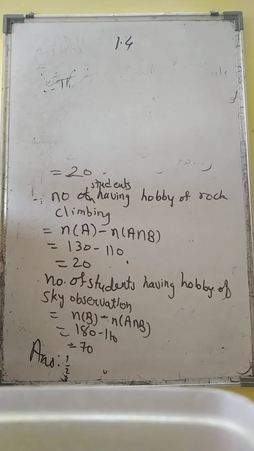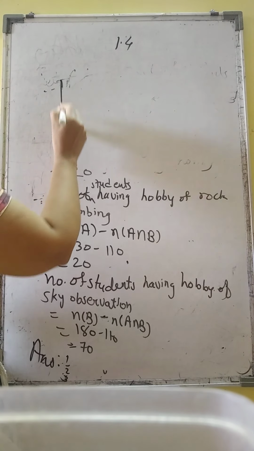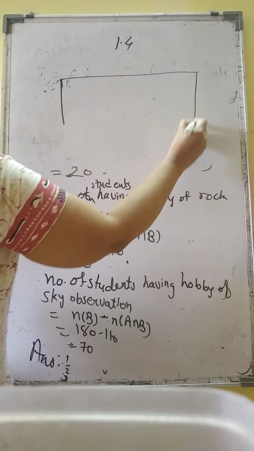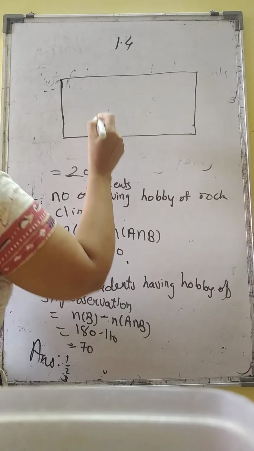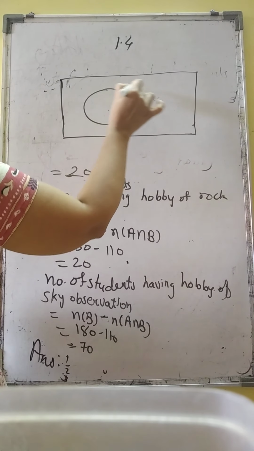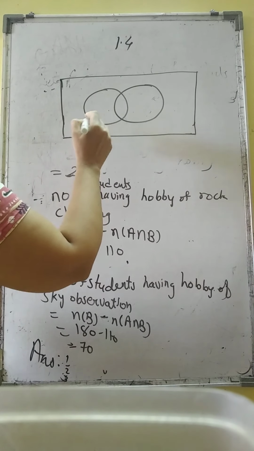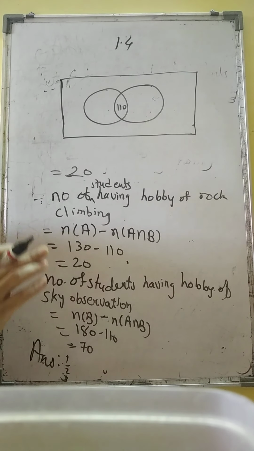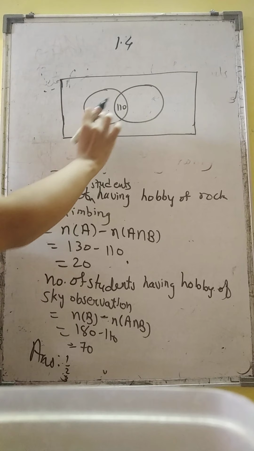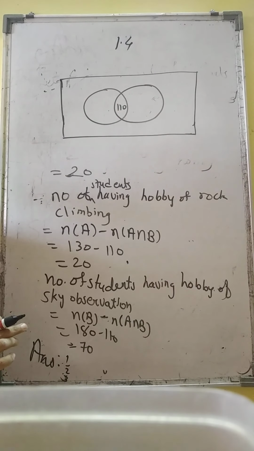So let us use the Venn diagram. With the Venn diagram, here you will have the universal set, right? Because there are some students who do not have any of these hobbies. So we have 110 students having both the hobbies. Whenever you draw the Venn diagram, write the intersection part first.